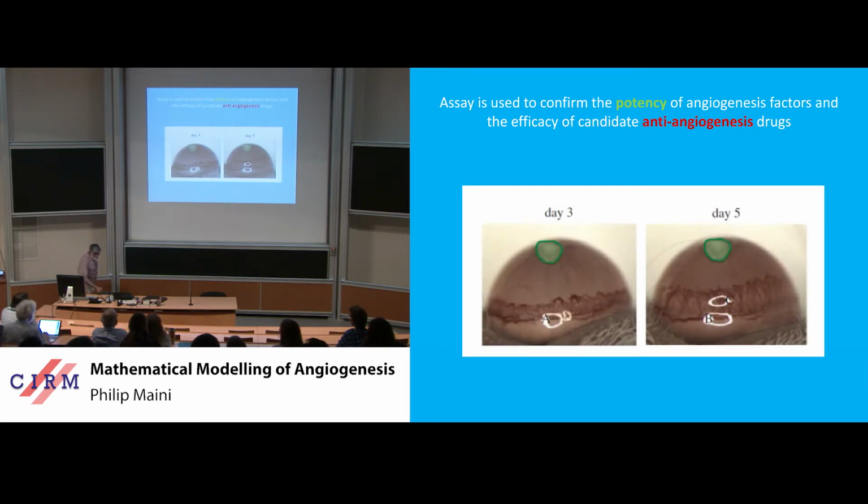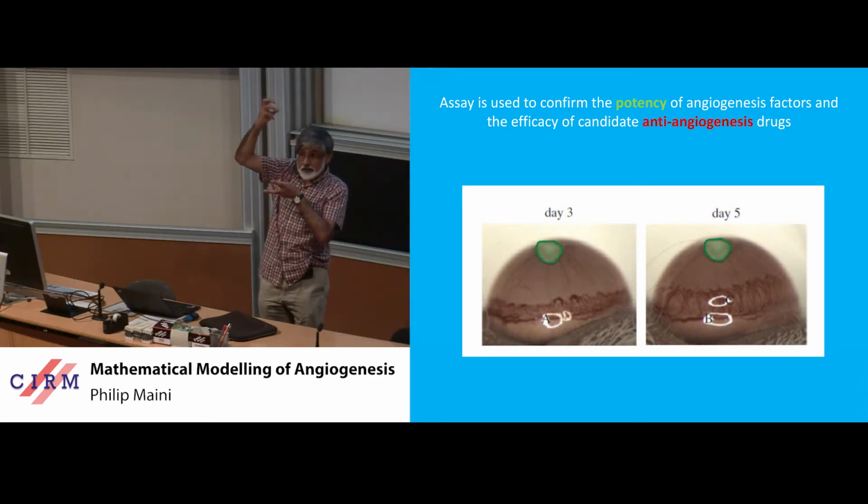So what they do is, this is the cornea, and this is not a human cornea, this is a rabbit eye. That green thing can be a pellet or it can be a tumor.